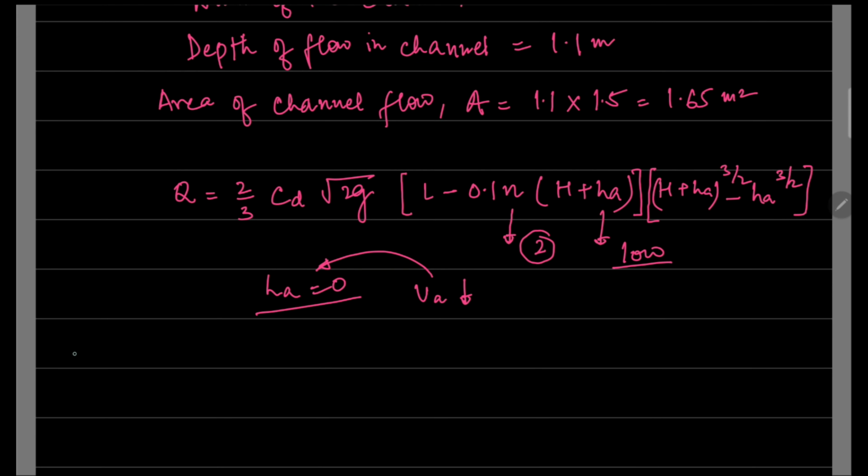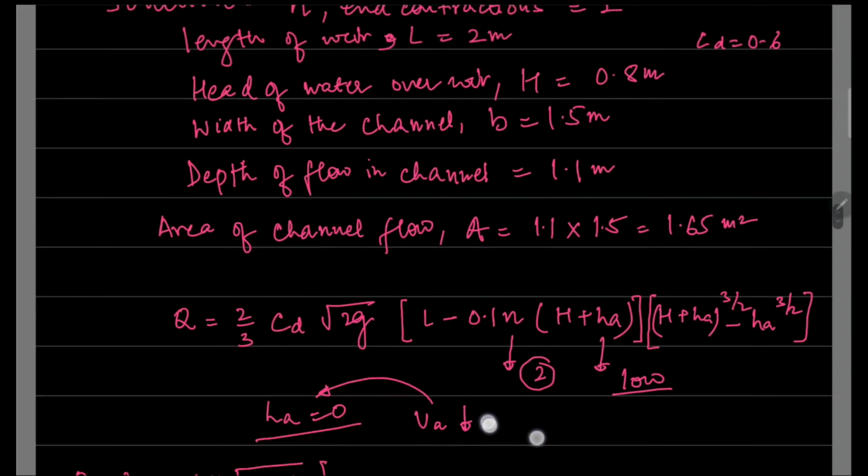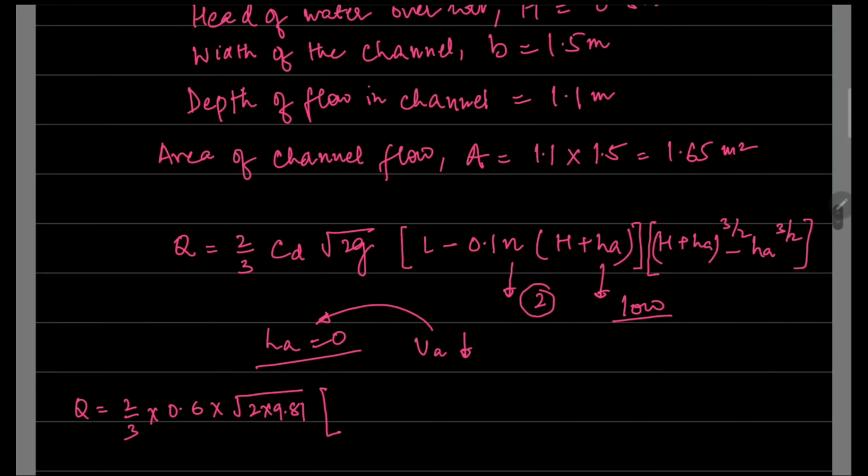So now we will put all the values. Q is equal to 2 by 3 multiplied by 0.6 under root 2G, that is 2 multiplied by 9.81 in bracket. L is given to us, that L is 2 meter, minus 0.1 multiplied by 2, that is the number of end contractions, and multiplied by H. HA we are considering 0.